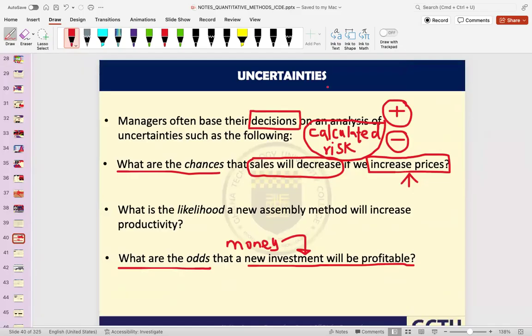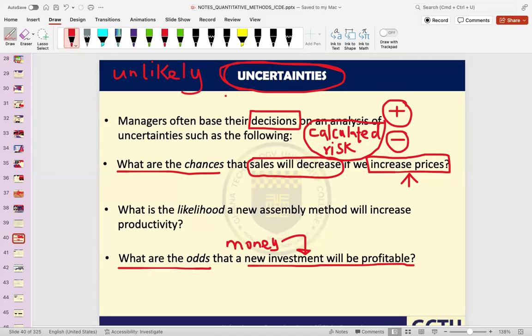Now, all this risk can be classified as uncertainties because you are not certain about the future. So these are the words you can use. You say, in the unlikely event, it means that you are not expecting the status quo.